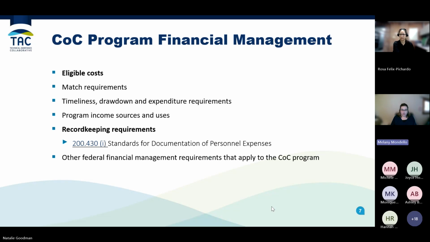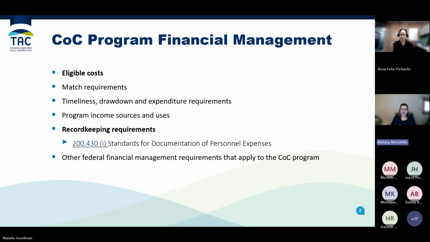When you have a CoC program grant, whether you're a direct recipient, meaning you have a contract with HUD, or you're a subrecipient to someone who has a direct contract with HUD, these are things that HUD is looking for you to do and implement. They want you to track eligible costs, very, very important to HUD. There are match requirements for CoC programs, 25% of everything but leasing.